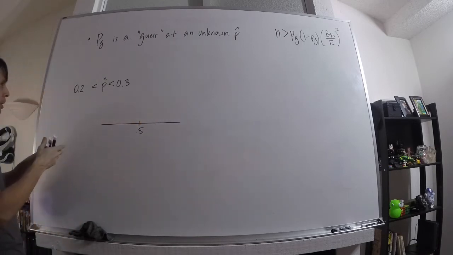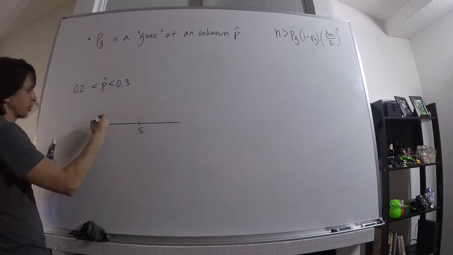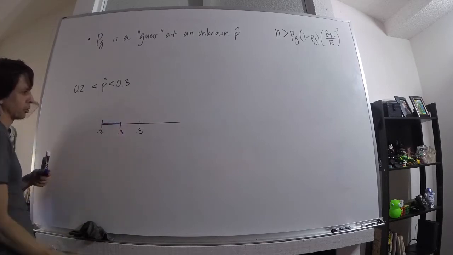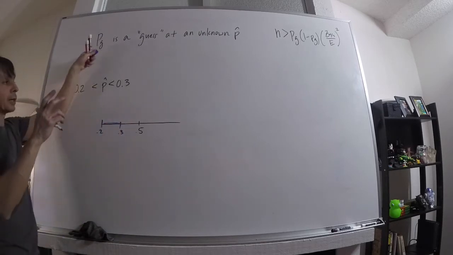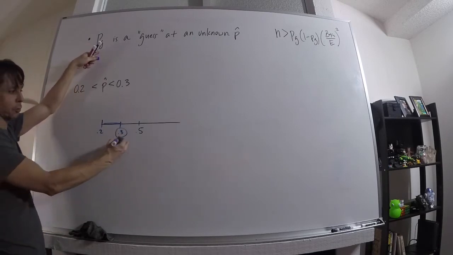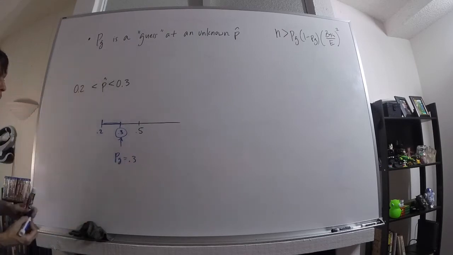Graphically, you know it's somewhere between 0.2 and 0.3. What should you pick as a guess? You should pick the one that's closer to 0.5, so you're going to use 0.3. That'll be your guess at an unknown P hat.